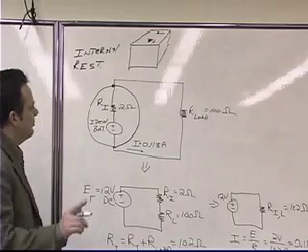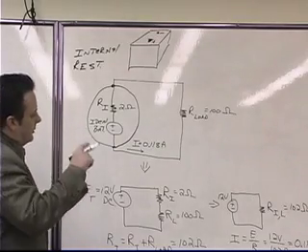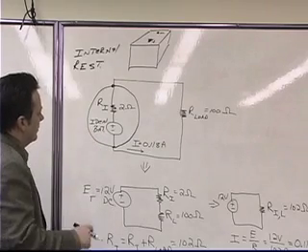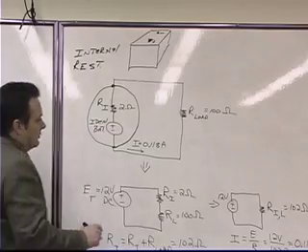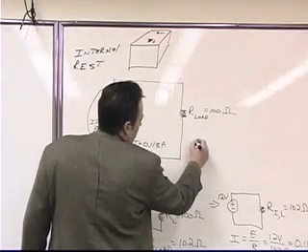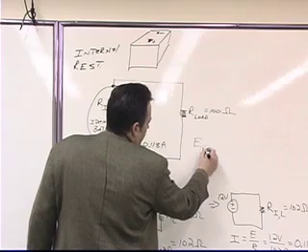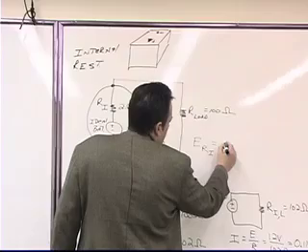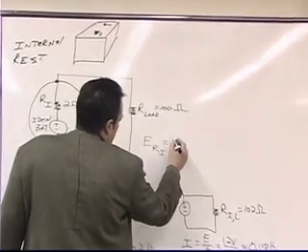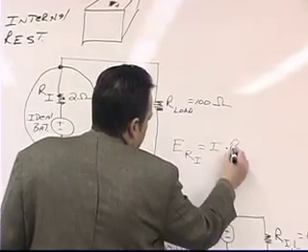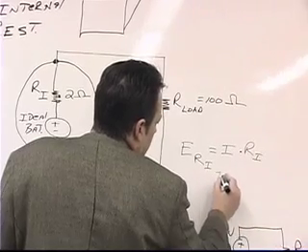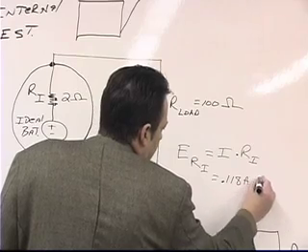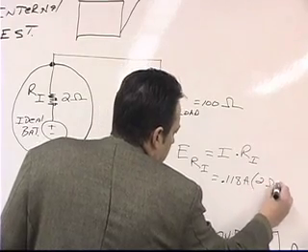Okay, but the first thing that I want to do, before we actually do that, is I want to calculate what the voltage drop is across the internal resistor. Okay, so the voltage drop across the internal resistor is going to be equal to IR, the current that's flowing in the circuit multiplied by the internal resistor, which is equal to 0.118 amps times 2 ohms.